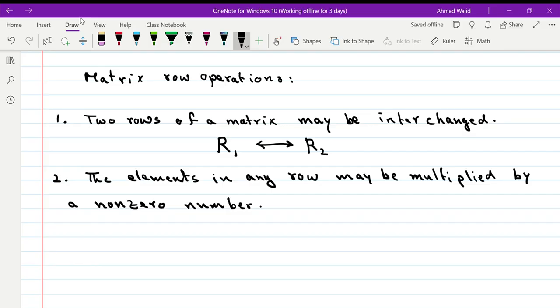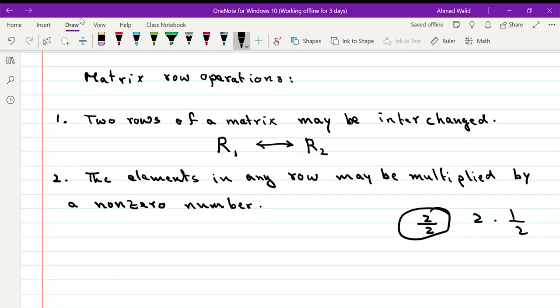Remember one thing, I just mentioned multiplied, but I can change the word multiplied to divide also, because division is actually a special form of multiplying, correct? For example, if I have 2, I can divide by 2, or instead I can say 2 times 1 over 2, right?